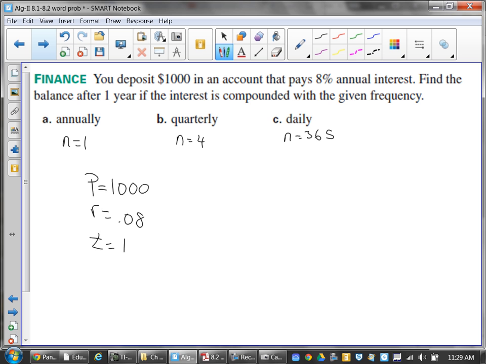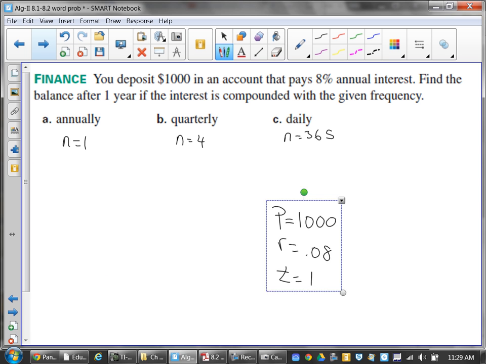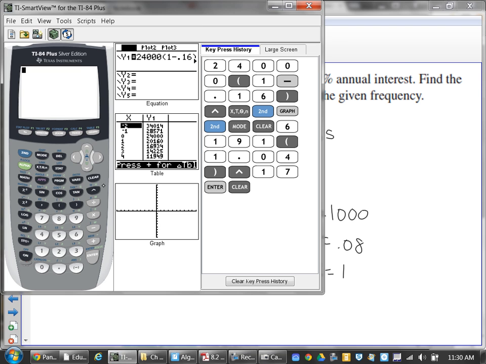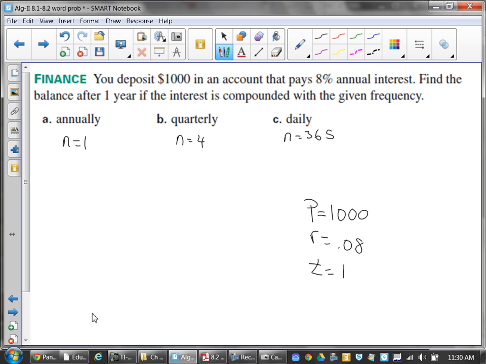Little trick to show you here in the calculator. If you type it in exactly the way you would write it out, it's 1,000 parentheses 1 plus 0.08 over 1 times 1 times 1. I'm doing the first one for annual.